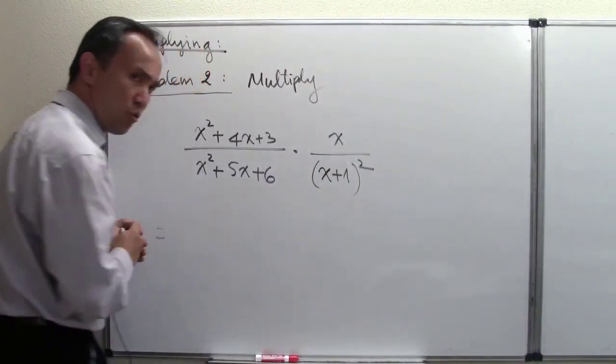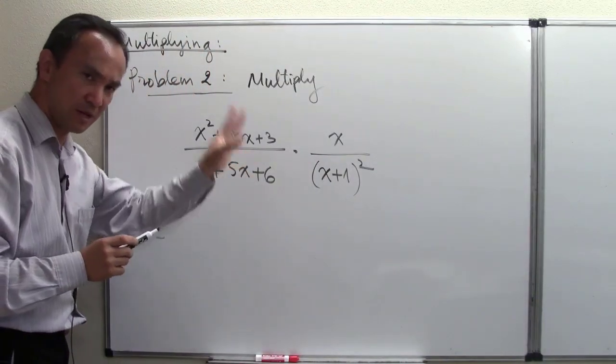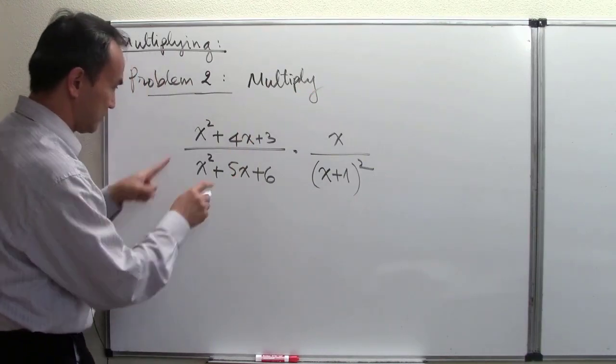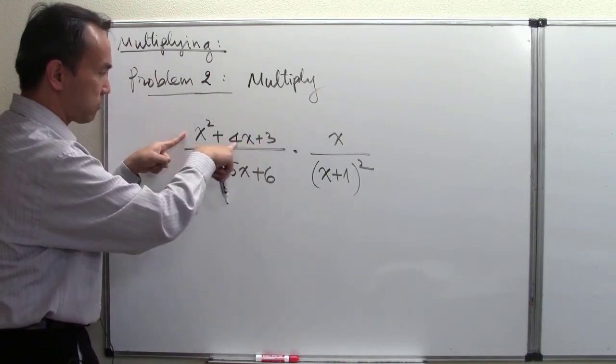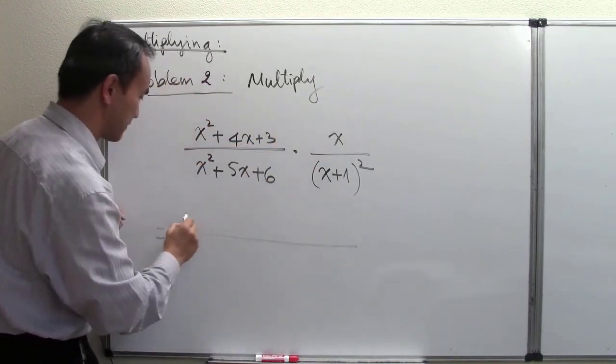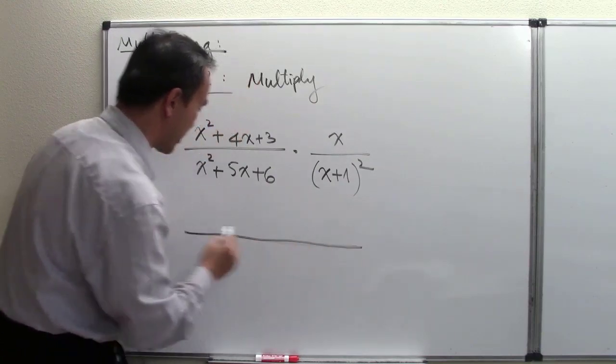Now, applying that fundamental to this problem, here's how I'm seeing it. The entire numerator x squared plus 4x plus 3, multiplied with the other numerator x. Let's keep it like this.